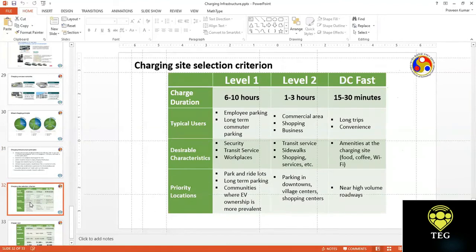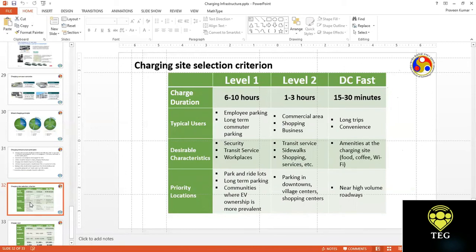Okay. And here is the summary of the various kinds of chargers. Level 1 can do the charging in 6 to 10 hours, level 2 between 1 to 3 hours, and then we have DC fast chargers which can go anywhere from 15 minutes to half an hour.